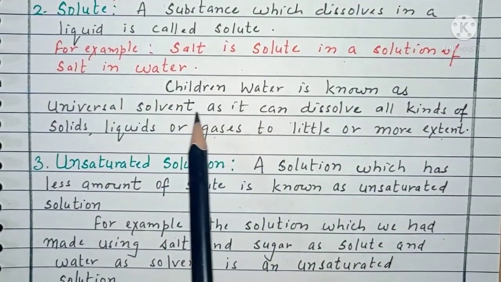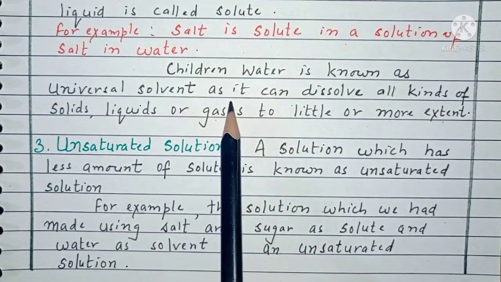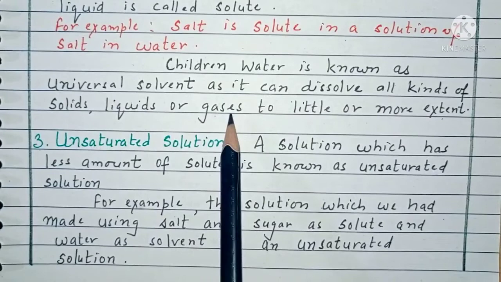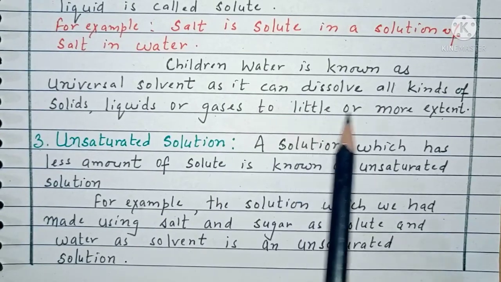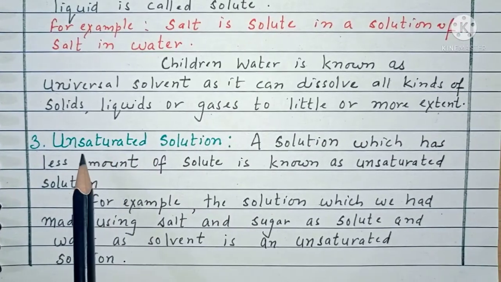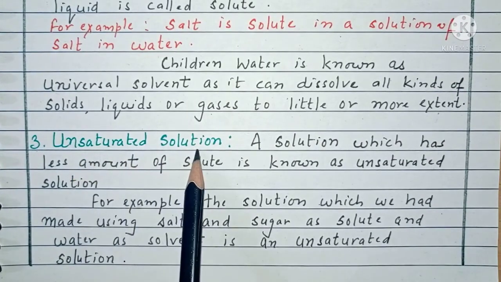Students, water is known as universal solvent as it can dissolve all kinds of solids, liquids or gases to a little or more extent. Now the next term is unsaturated solution.